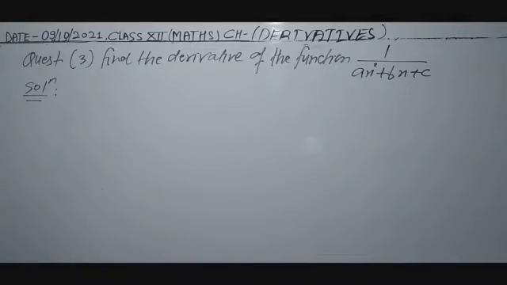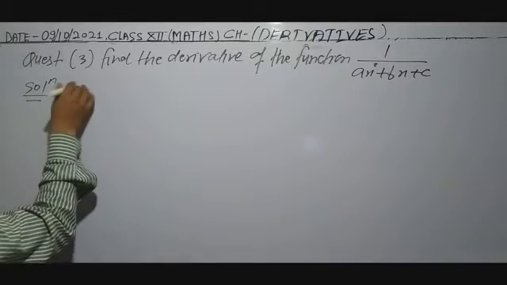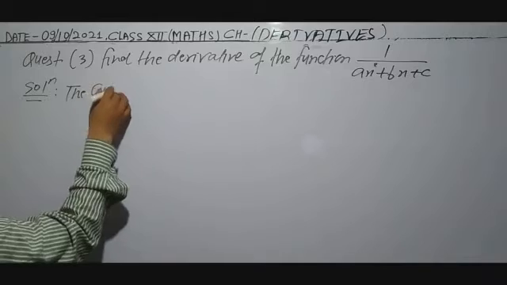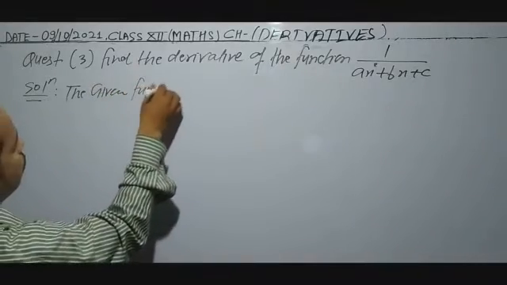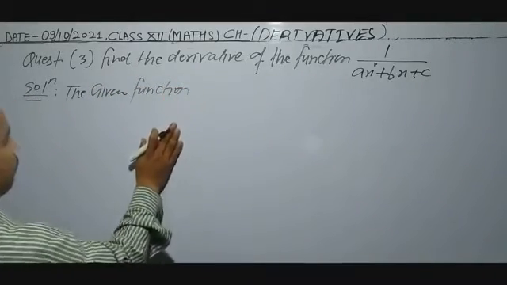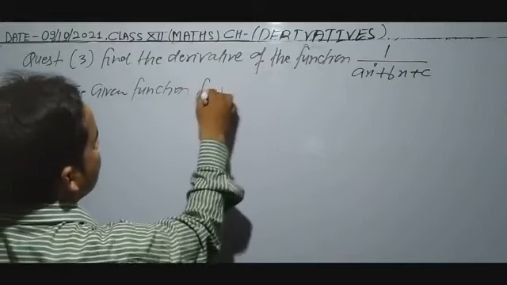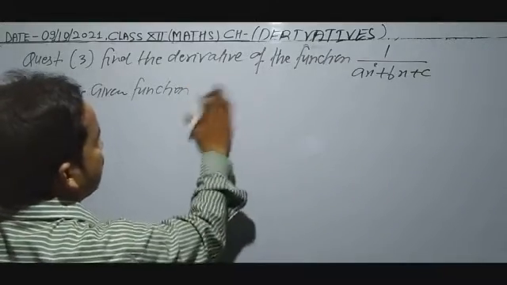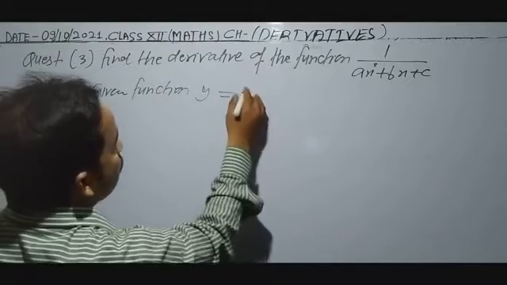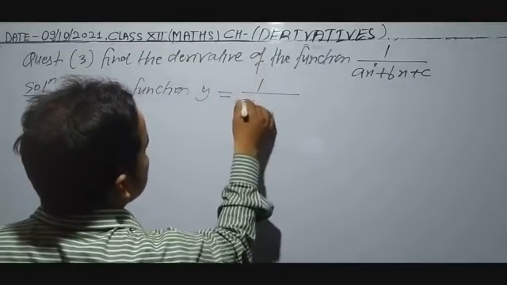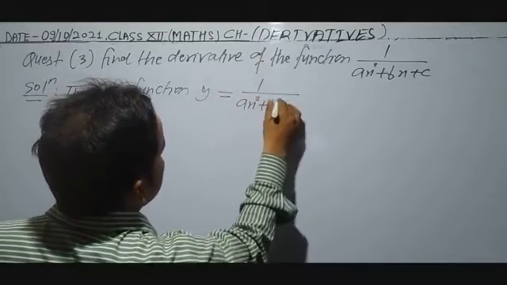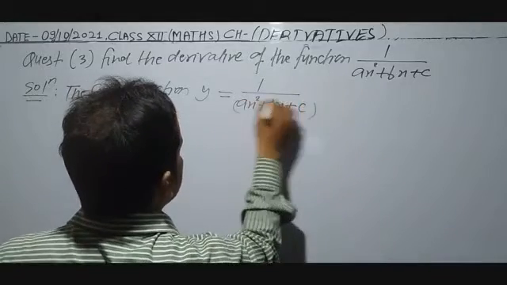This is a rational function, so you can simplify it by using the chain rule also. So the given function f(x), or y, is equal to 1 upon ax square plus bx plus c.